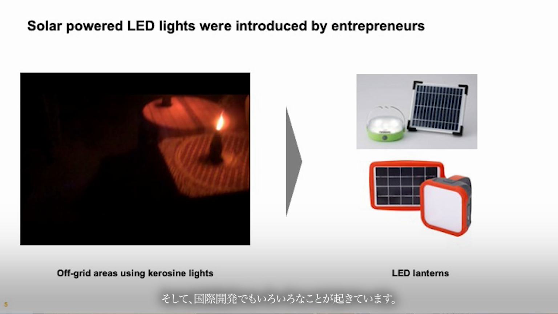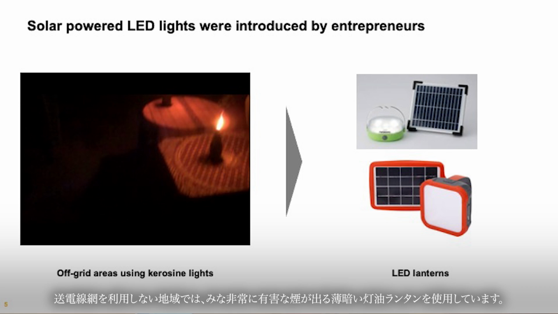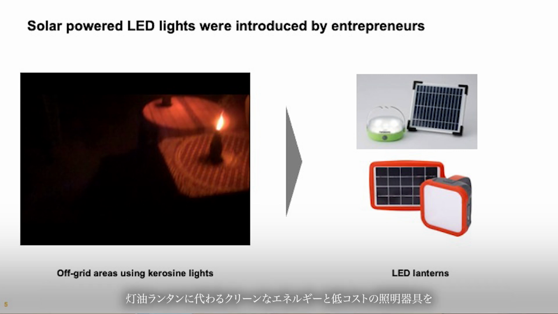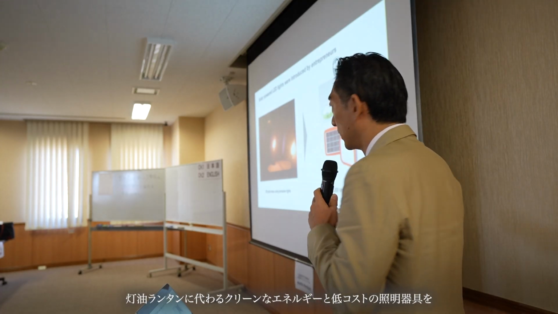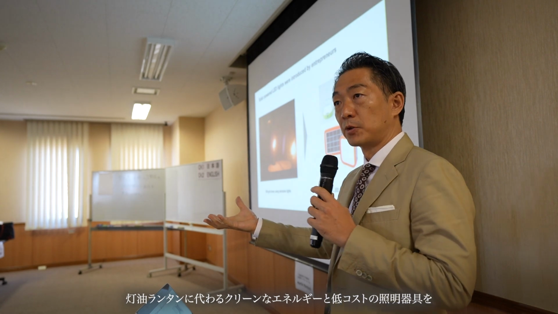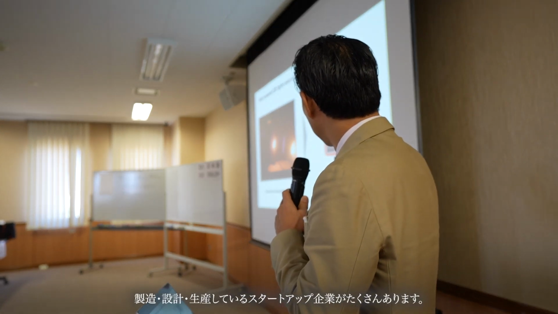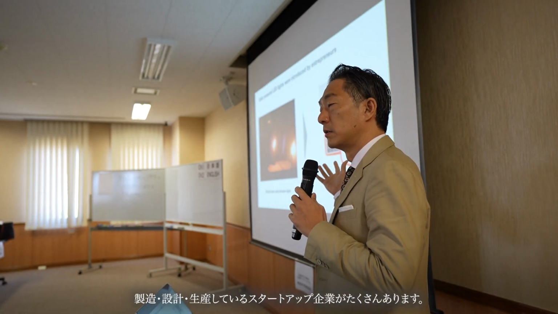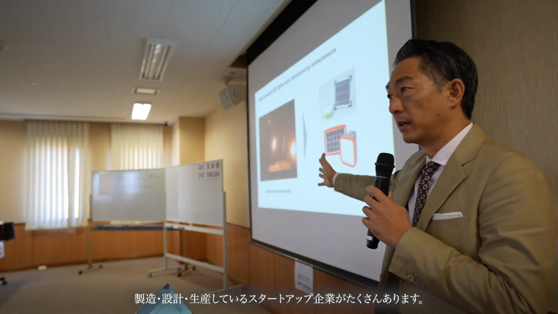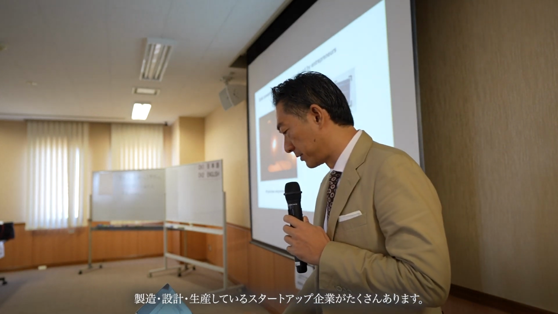And then there are also many other things happening in international development. In off-grid areas, people are burning kerosene lights to have very dim lighting with very harmful smoke coming out. And then there are a lot of startup companies designing and producing very clean energy, low-cost lights to replace these kerosene lanterns.